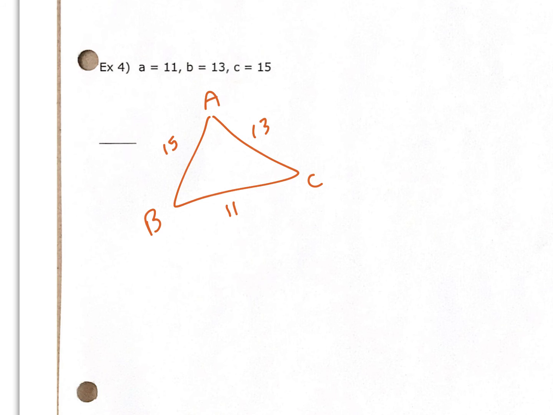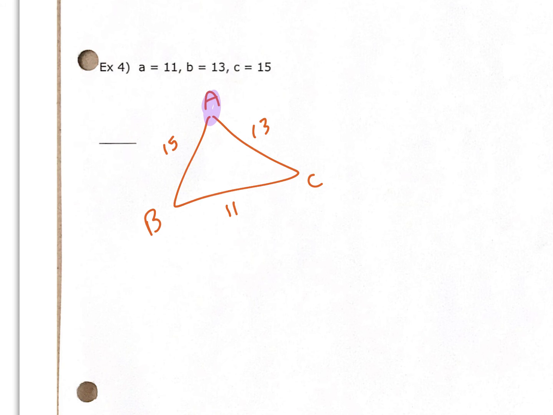So pick an angle measure, A, B, or C. Christian. Oh, so A. Let's go with A. All right.